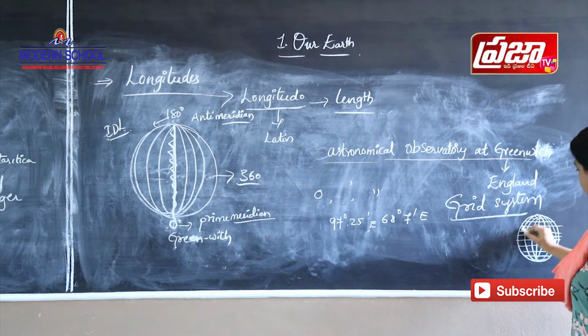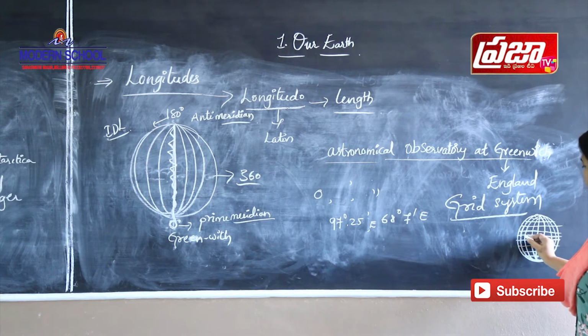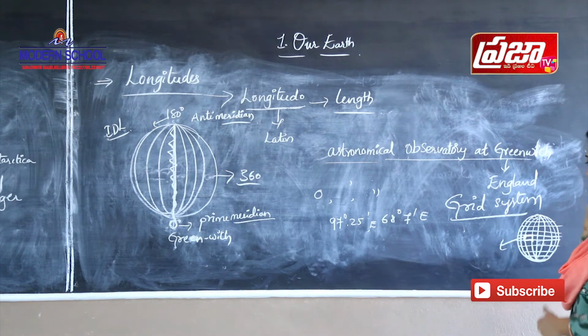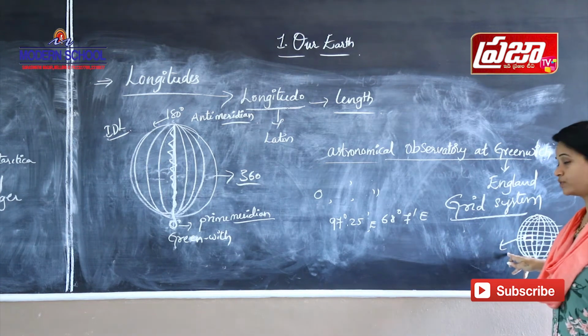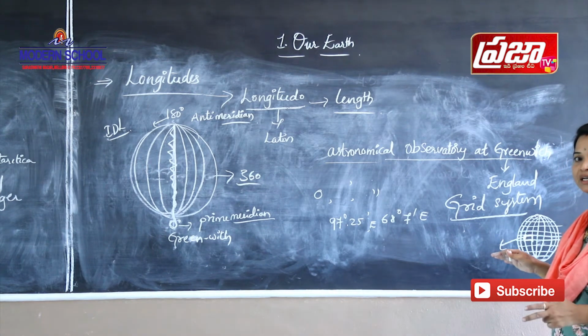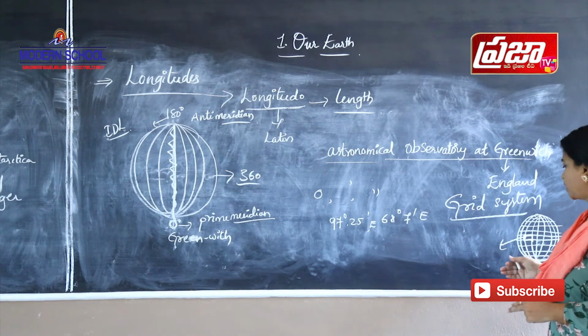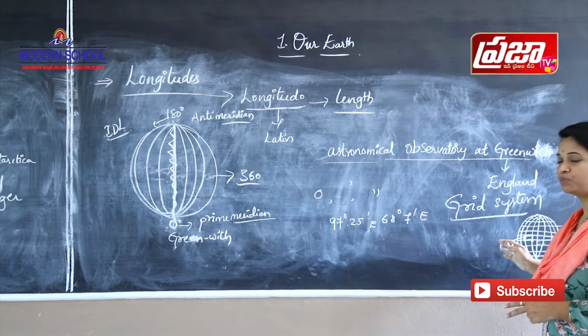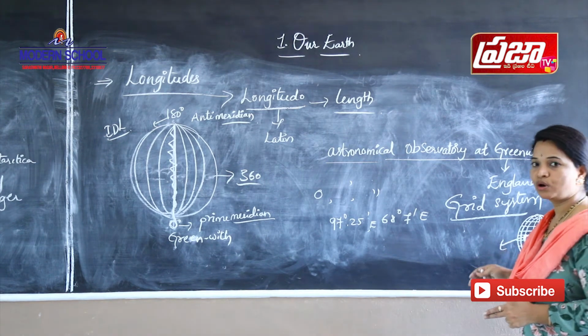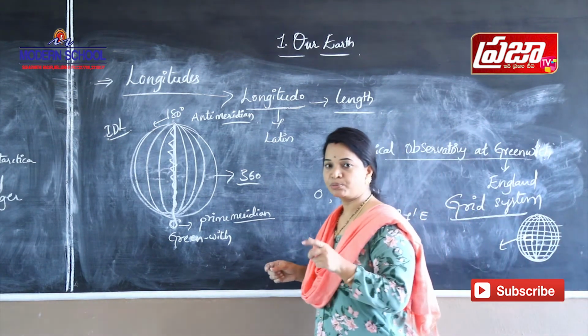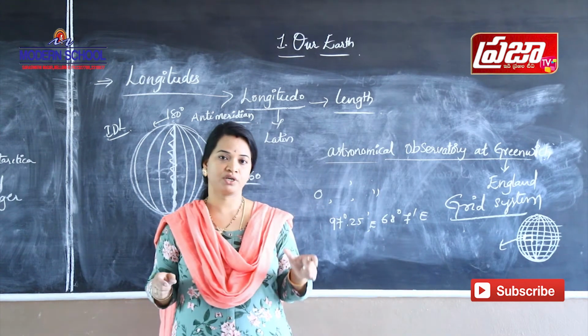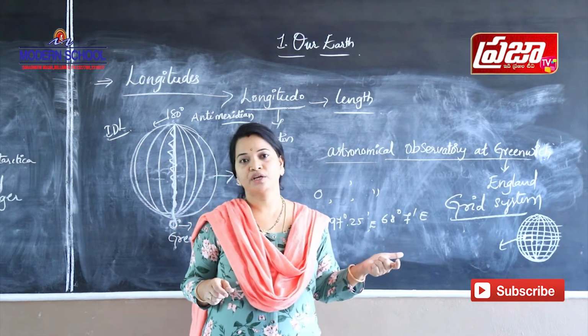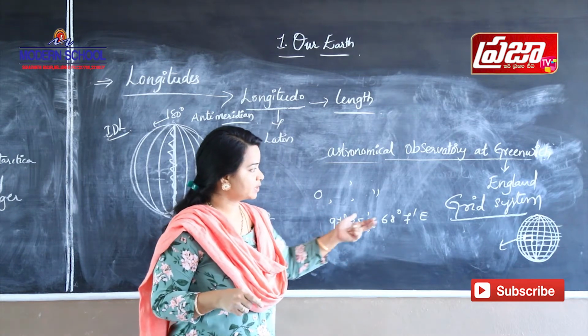Where the latitudes and the longitudes intersect each other, there we can see a box shape which is known as the grid. And this grid is useful for us to locate accurately a particular place and to know the climate of that place, to know the temperature of that place, at the same time to know how to reach a particular place, in which direction we have to travel, everything we can get to know with the help of the grid.